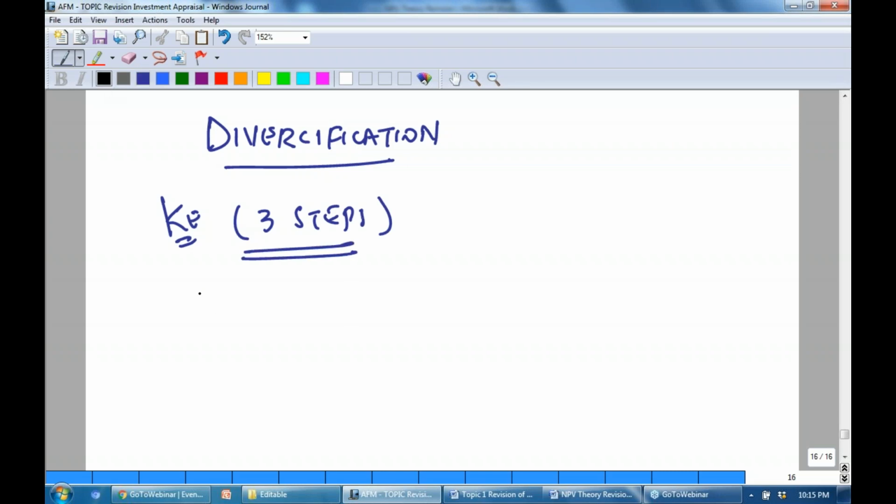First of all, you require beta asset of diversified industry, DI. That's calculated from beta equity times E upon E plus D(1 minus T). That's the first step.